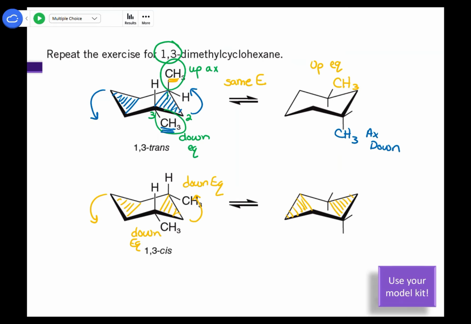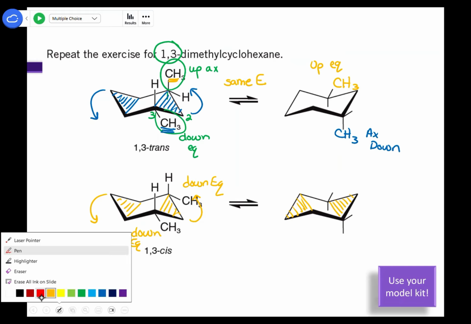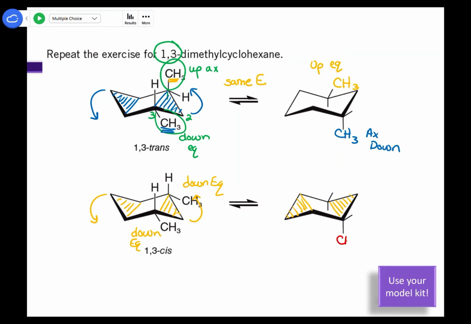My up triangle, I'm going to flip down. Now we can look at our model. Are they in equatorial or axial positions? Hands up for axial positions. And I agree, they're both in axial positions, both in down axial positions. So on our screen over here, we get to draw in where these methyl groups are now. Down axial and down axial, which means the other locations are for the hydrogens.